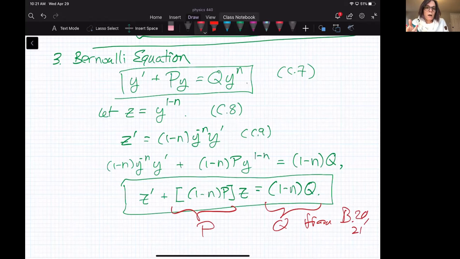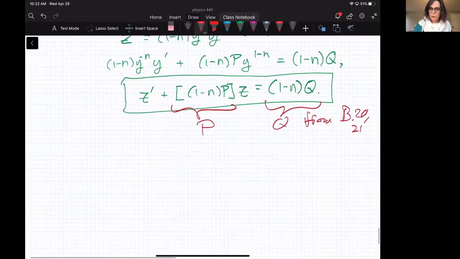The whole point of a manipulation like this, in fact a lot of manipulations with these first order differential equations that look bizarre, is to try and get it into the form, whether homogeneous or particular, of B.20 and B.21. Now I have an example once you're in a position to do that.